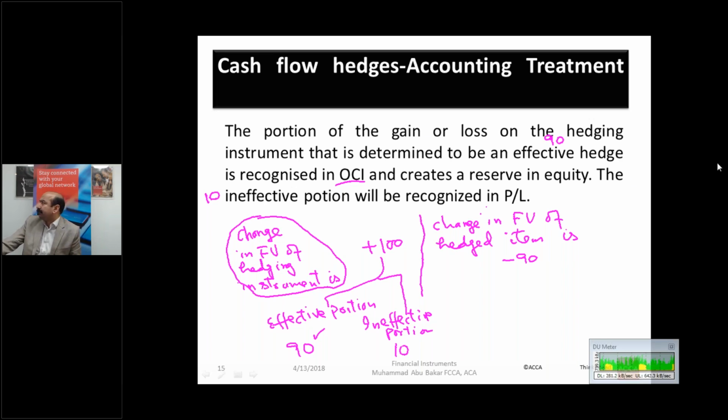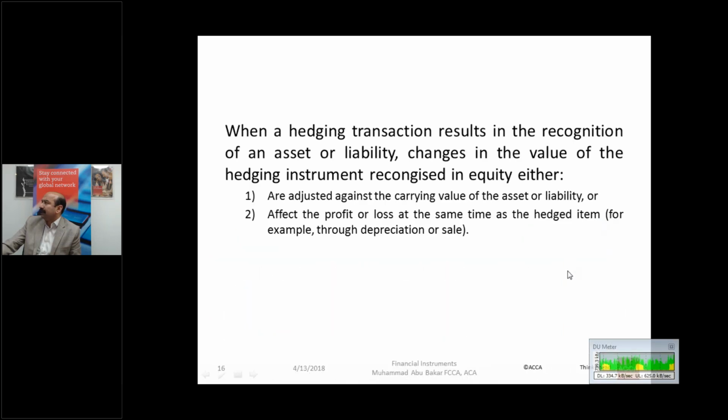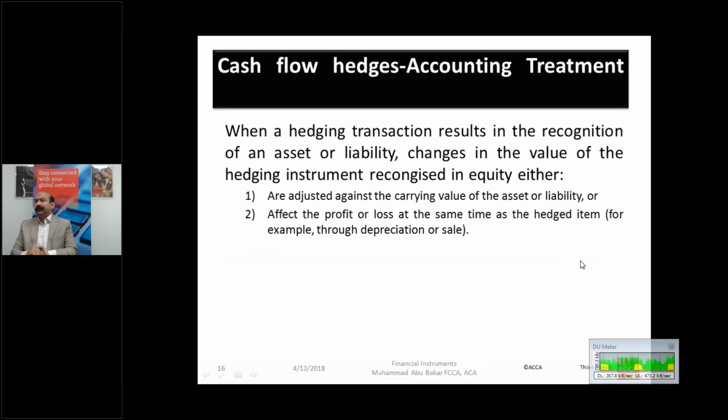Next is, what happens at the date of the settlement, when a hedging transaction results in the recognition of an asset or liability? Changes in the value of the hedging instrument recognized in equity either are adjusted against the carrying value of the asset or liability, or affect the profit or loss at the same time as the hedged item, for example, through depreciation or sale.